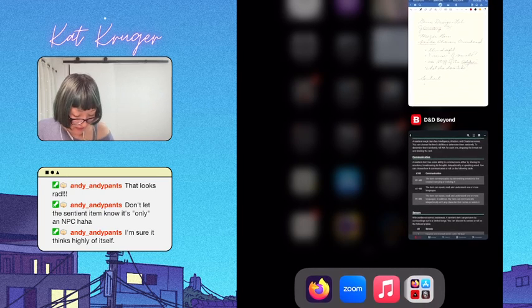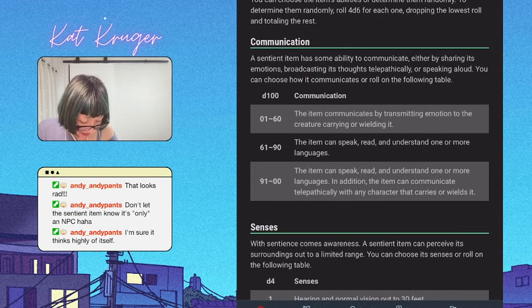All right, let's look at what we need to look at here. So communication. Do we think that we can either roll for it or create it ourselves? I think that it should communicate. So it can either do so through emotion, it can actually speak.